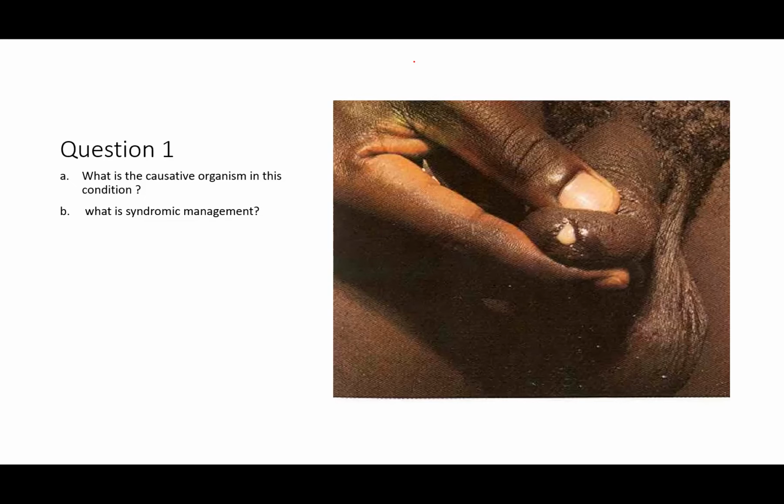And usually they present with a burning urethral discharge and discomfort while micturating. The question says, what is the causative organism in this condition? And the syndromic management of the condition.